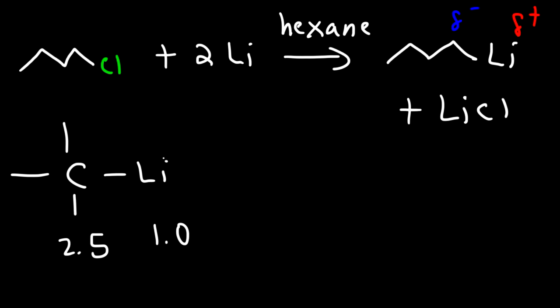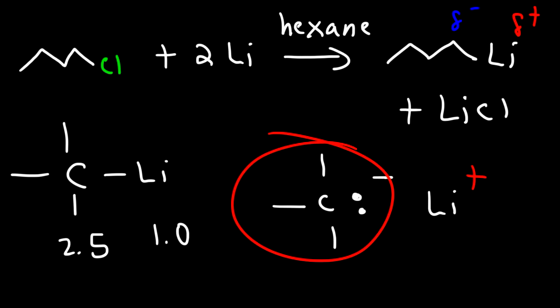So this bond is fairly polar. And you could think of this as a carbanion bonded to a lithium cation, because this reacts as if it were a carbanion. And so it's important to keep that in mind.